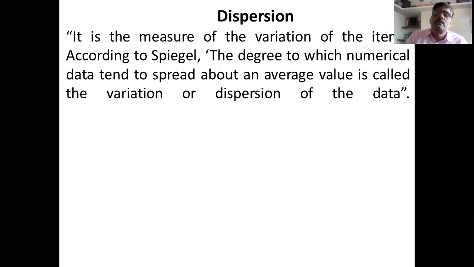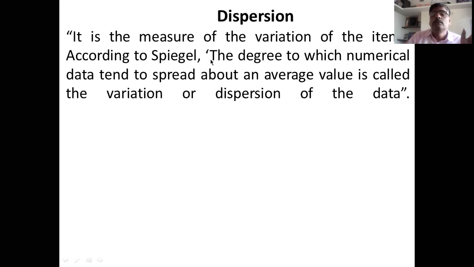Then his average is, let us consider, 75 or 80%, and that is not acceptable. So to know the variance, how far away from the mean value, we apply the dispersion. Therefore, it is the measure of variation of the items.